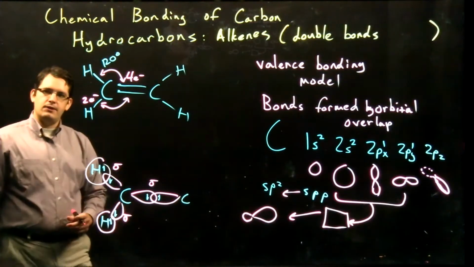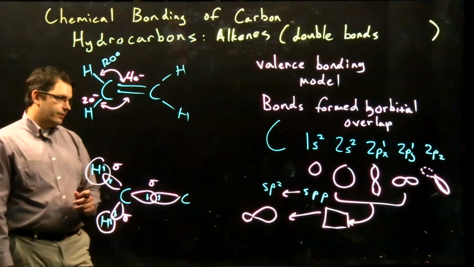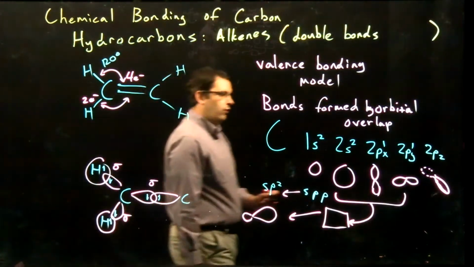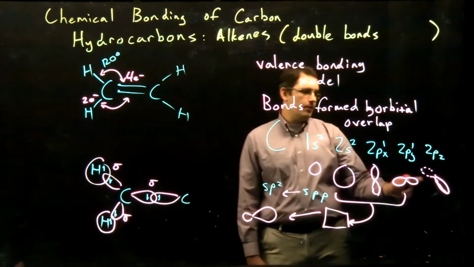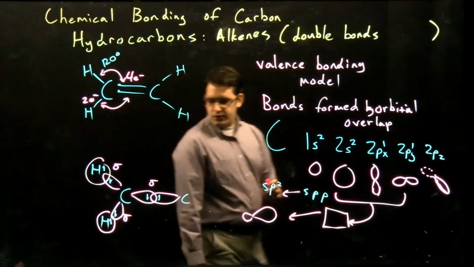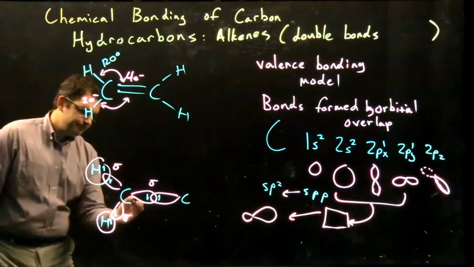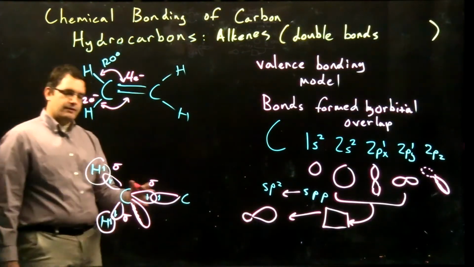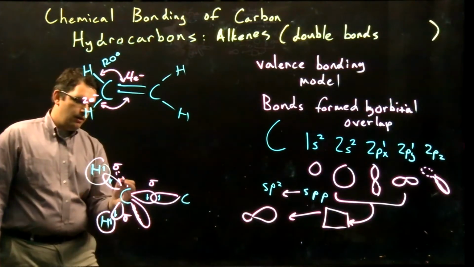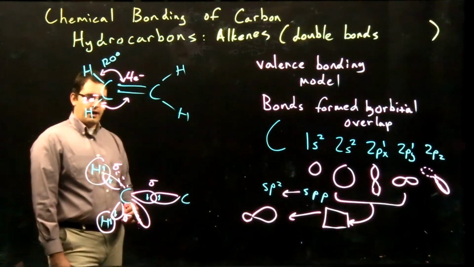So I had my 3 sp2 orbitals, each with 1 electron, and there was 1 orbital that I didn't use when I was making my hybrid orbitals. I have my 2p orbital over here. Let's remember it's going to be sticking straight out towards me, and then straight out back towards you guys.